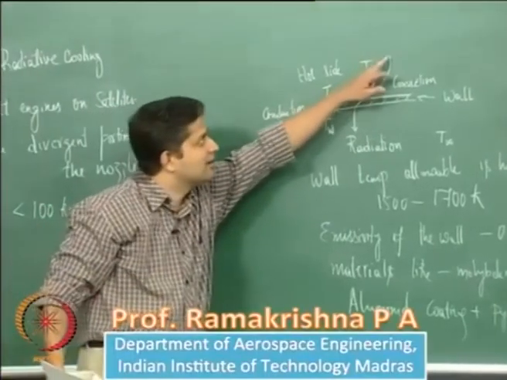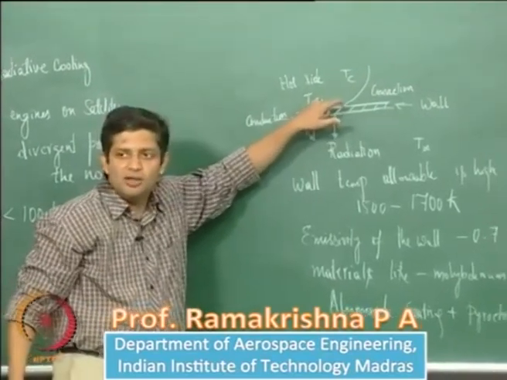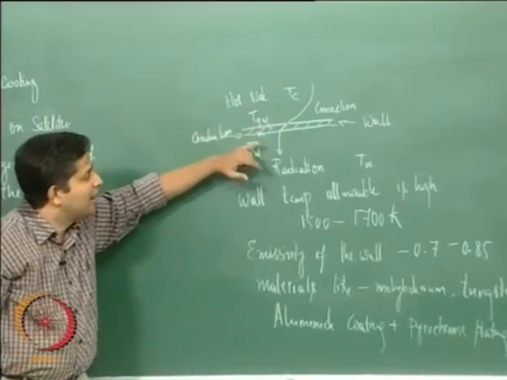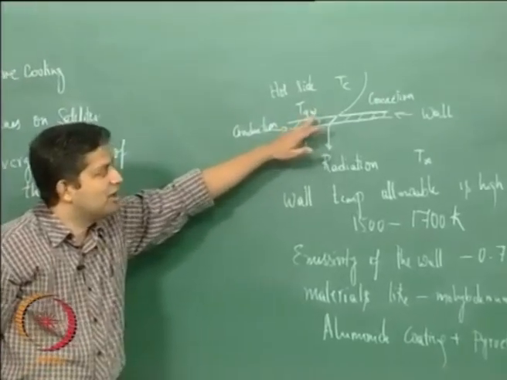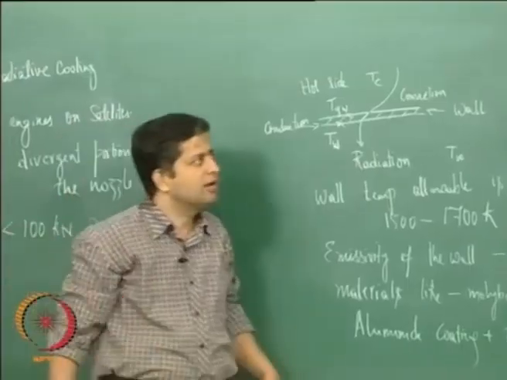So, if you look at it, there is convection between Tc and Tg wall. Tg wall is on the gas side and T wall is on the other side. So, there is conduction between Tg wall and T wall, and then there is radiation.